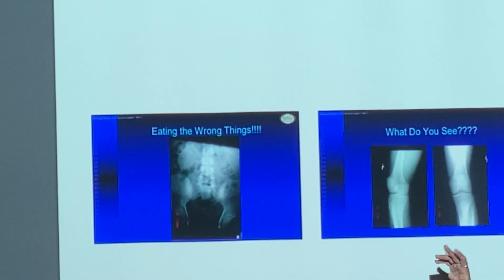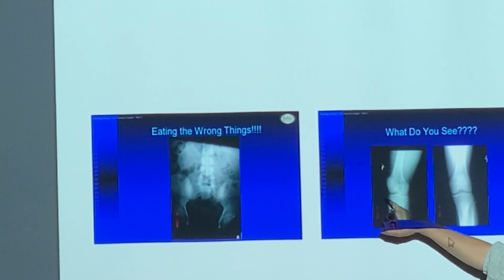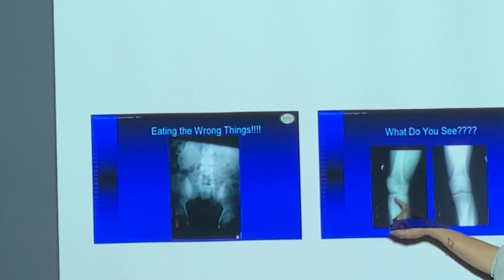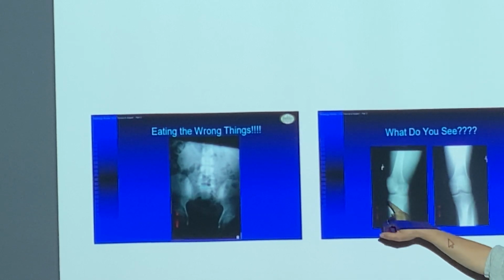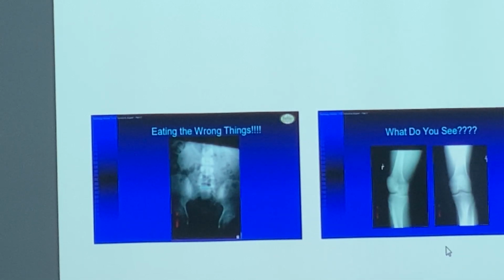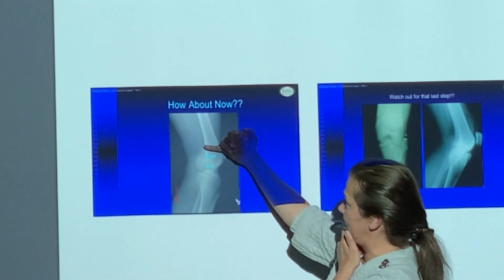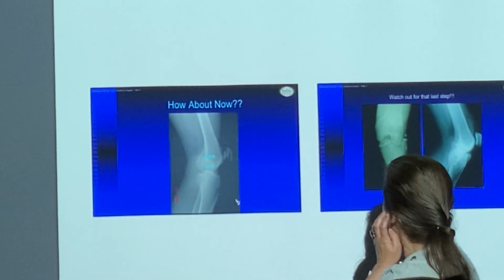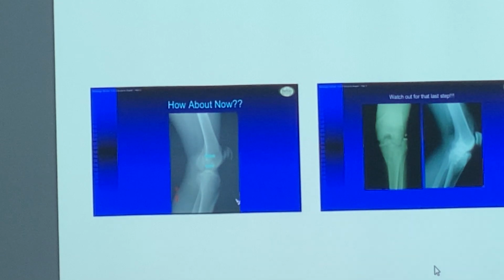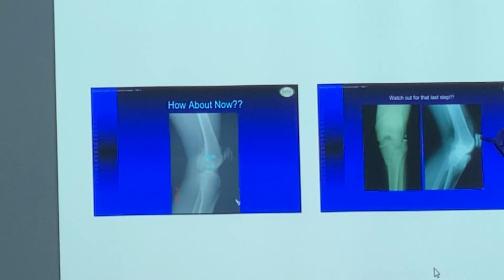Well, I don't see the fracture, but do you see that air in here? So there's soft tissue swelling here and here. Of course it's obvious, even though the arrow is there. Look at that. And also the patella is displaced.